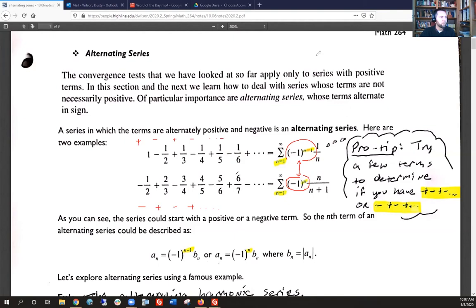Most likely, if I was trying something, I would probably start by trying a -1 to the n power, and then write down the first few terms, beginning wherever your index starts, and see whether it has the pattern you want. So if it lines up, then you keep it. If it has the opposite signs, then just change it from an n to an n plus 1 or an n minus 1. Are there any questions about that?